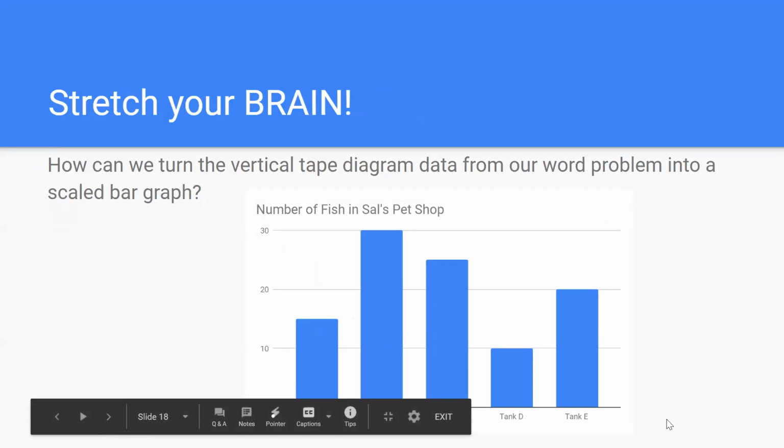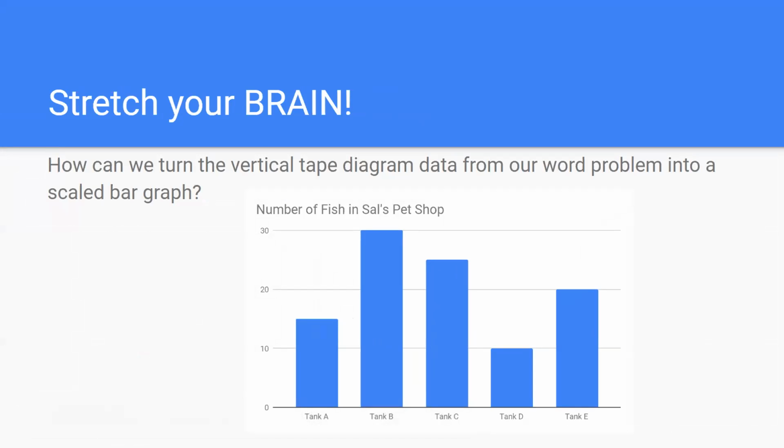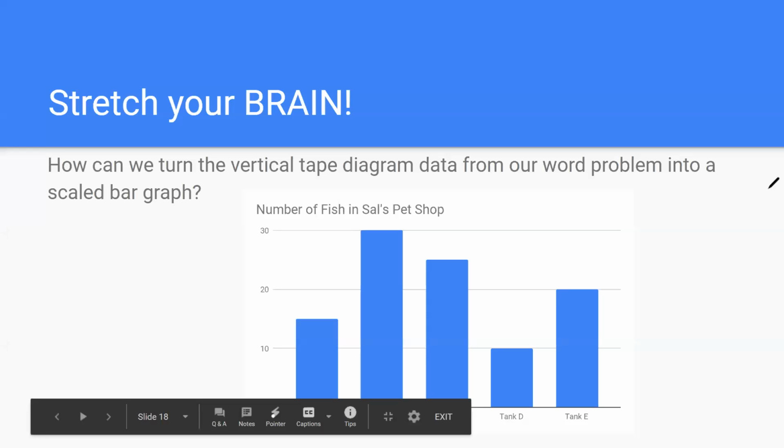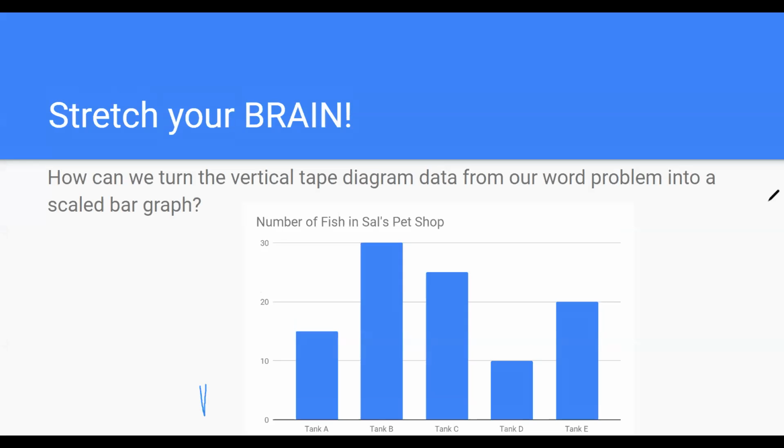Boom. If we look at the title, it says the number of fish in Sal's pet shop. And if you look along the left side, you're going to see that there is a scaled line here. It starts at 0 and it goes up to 30 to show tank B. And this is partitioned into groups of 10.